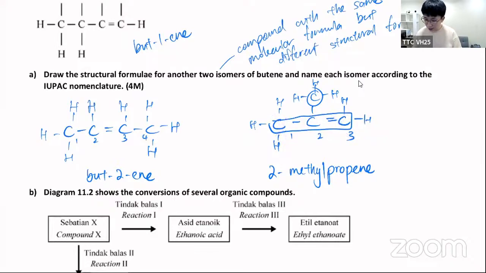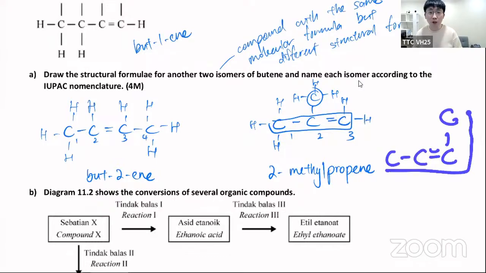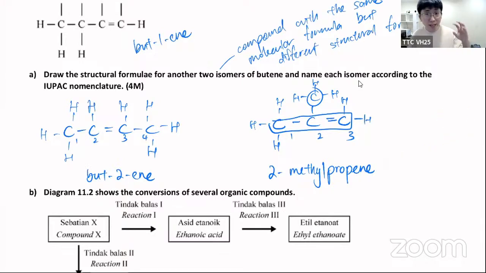You cannot say, teacher, can I pluck it out and put here? Cannot, because like this it is still a continuous chain. Isomer means you have to pluck out and make it a special tail. In this way, it's not a continuous chain, because you see 1, 2, 3. Is the last carbon connected to the top carbon? No. So this is what I want. I want it to be disconnected from my chain.